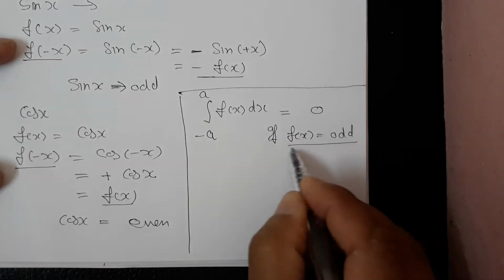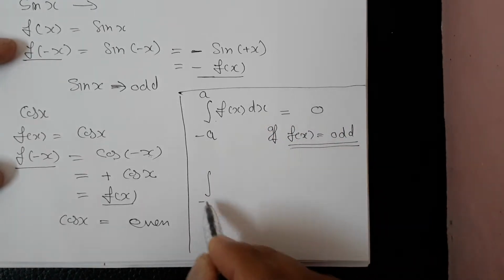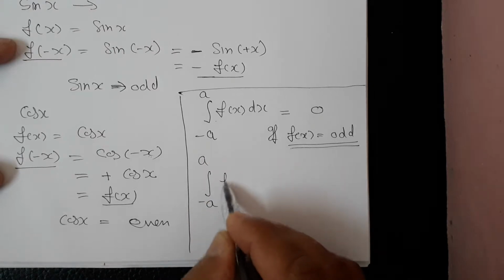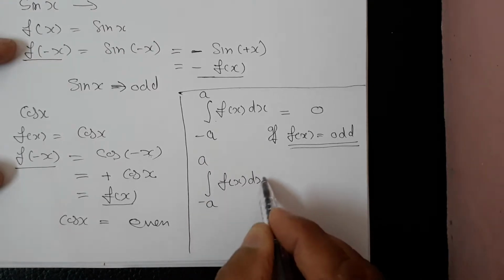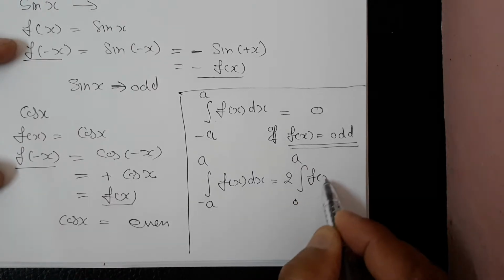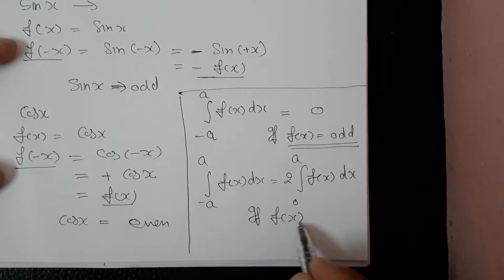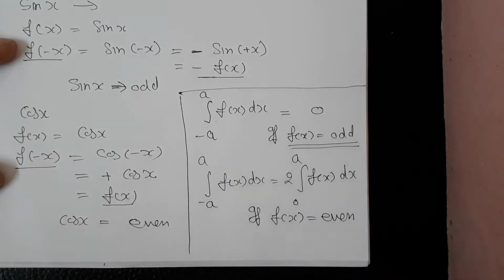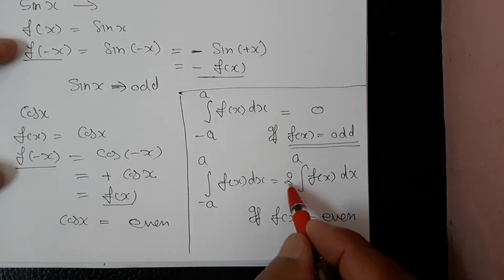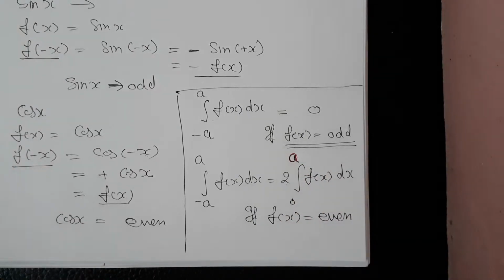And the value of the integral will be equal to 2 times the integral from 0 to a of f(x) dx if f(x) is even.